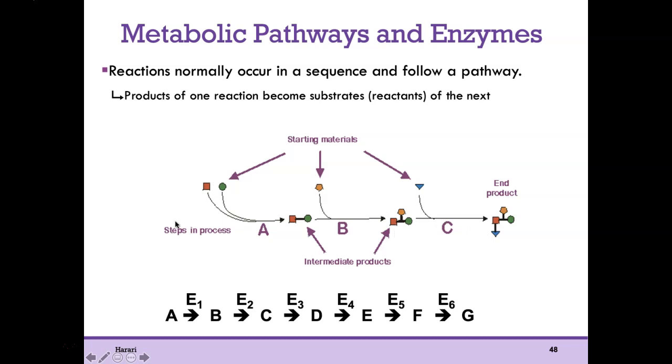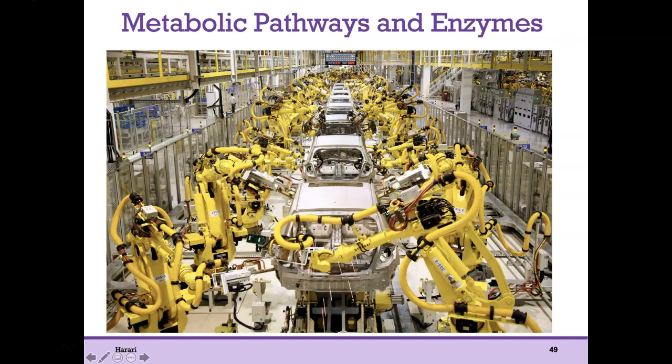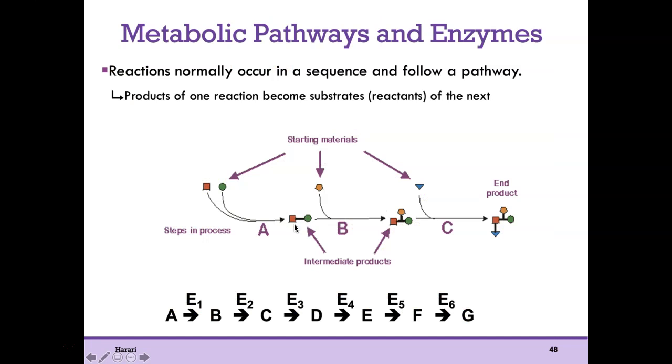So again, what happens is the products of one reaction become the substrates of the next, right? The products of one reaction become the substrates of the next. So sometimes you can have 6 different enzymes required to convert substrate A into product G, right? So these happen in pathways.